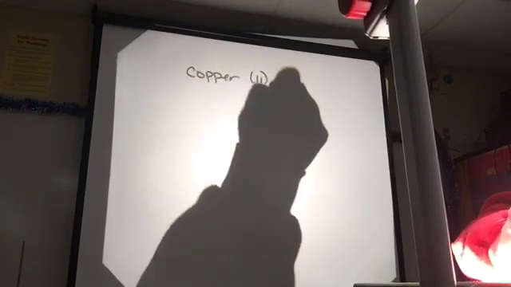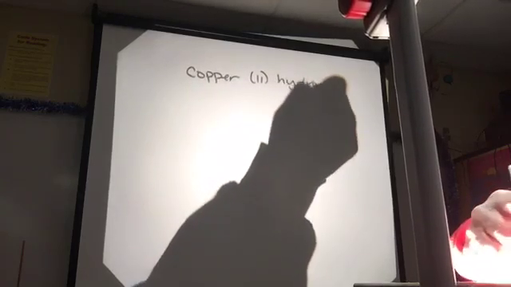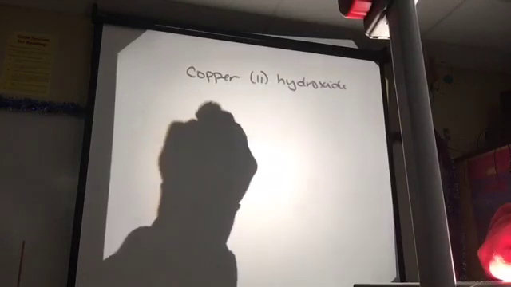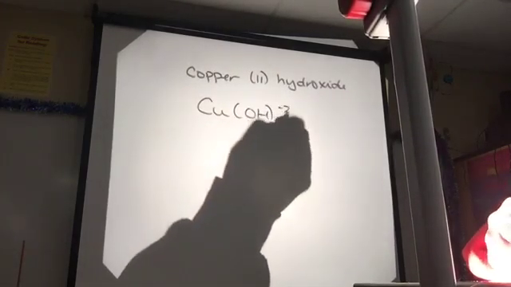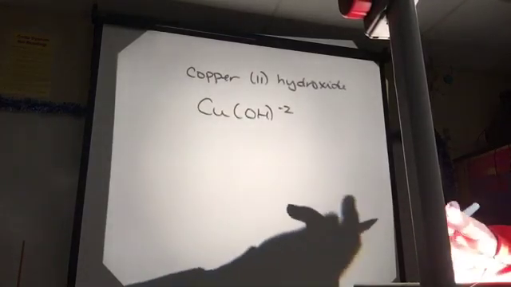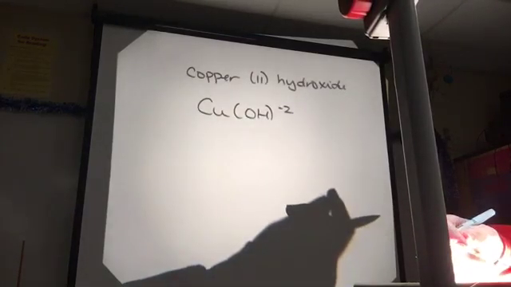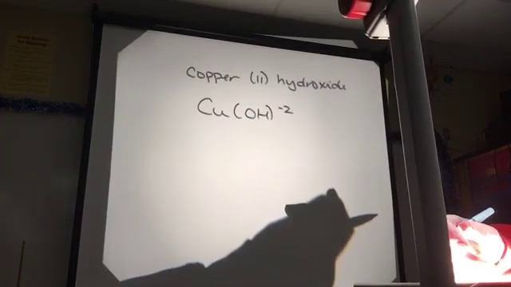Now, real quick, before I leave the whole formula thing, I had people doing this last block, and I want to make sure you don't do this. So if I have copper 2 hydroxide, I had people still writing CuOH -2. And I went, what? I wasn't quite sure what was going on.